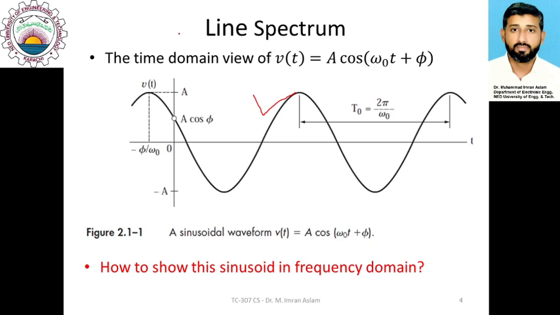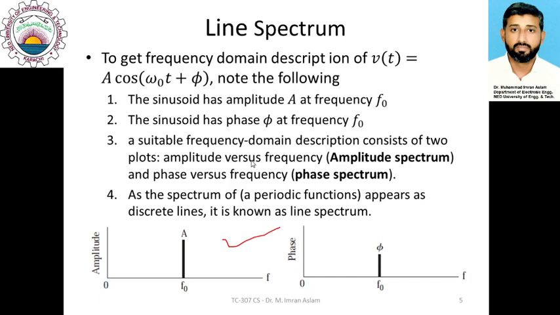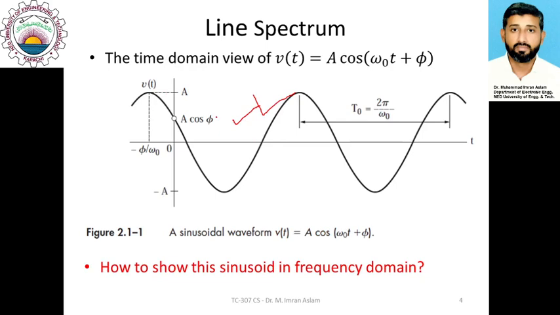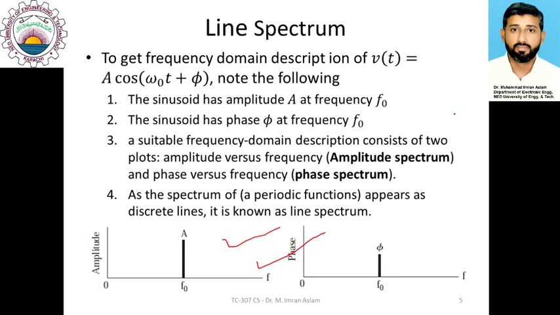The only difference is that the same function is plotted in time domain for this plot, and for this one the function is plotted in frequency domain. So these are two different perspectives of looking at the same function. If we look at this function from the time domain perspective, we would see this type of variation here, and if we look at the same function from the frequency domain perspective, we would get these two curves, which are the amplitude and phase spectra.